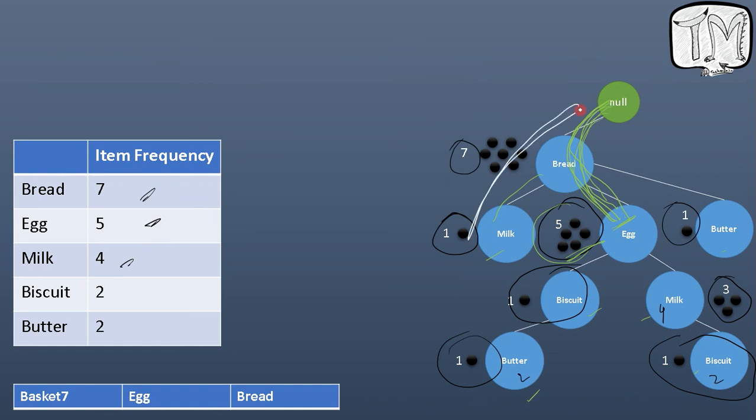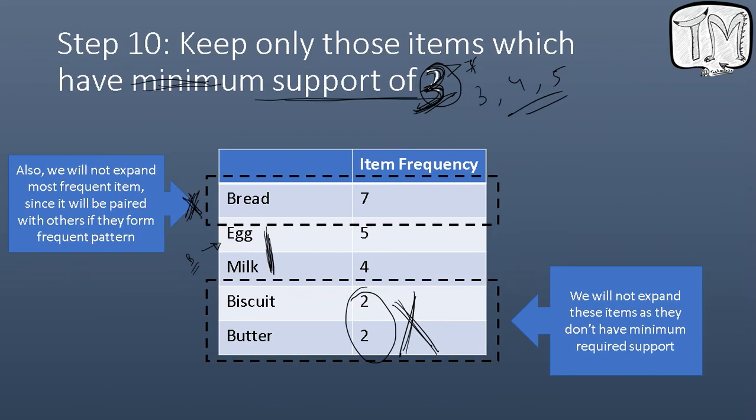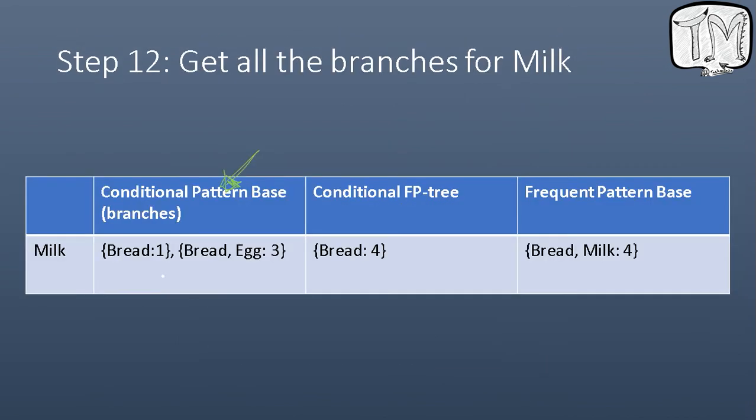This is the first branch which leads to milk, and it has only one node in its path, bread, and the frequency of milk at this step is 1. So we put one set here containing bread and the frequency.